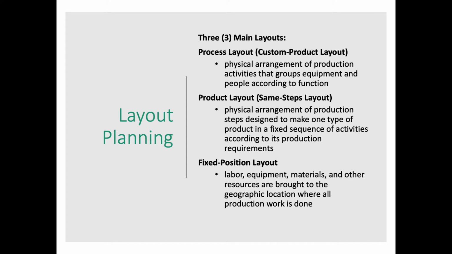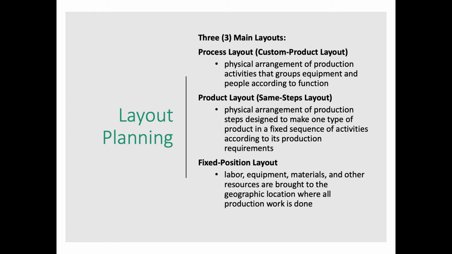That looks like a bit of a word salad, but what we're really talking about is the assembly line. Think about making lots and lots of quantity of the exact same product, and if that product takes several steps to make, like for instance an automobile, then you arrange the production steps in a fixed sequence, so that you can most efficiently and quickly build many of the same thing over and over and over again.